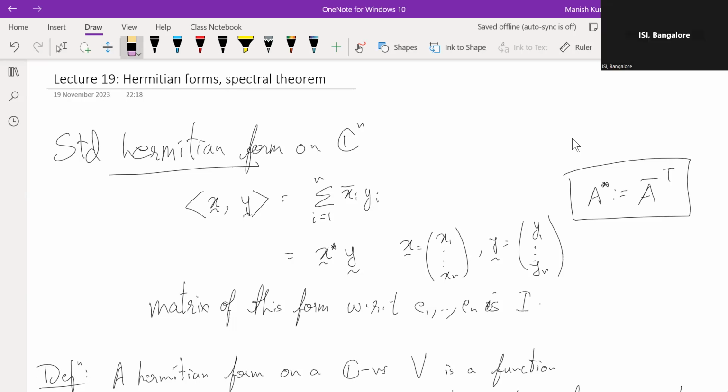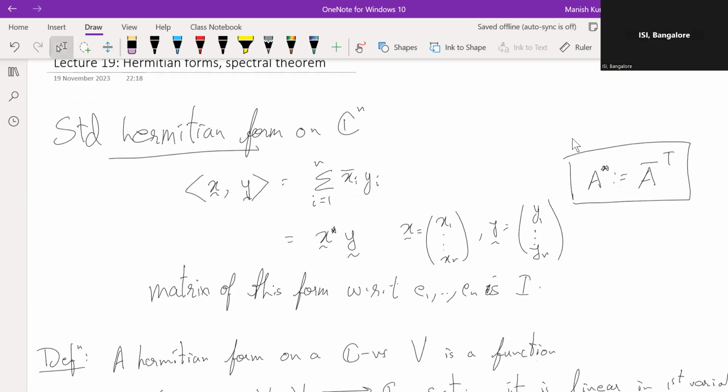In other words, it is x star y, so to speak, where star means you do the conjugate and then transpose. Over real numbers, if everything is real, then x star is the same as x transpose, because conjugation doesn't do anything to a real number. So in some sense, this is a generalization from real to complex.